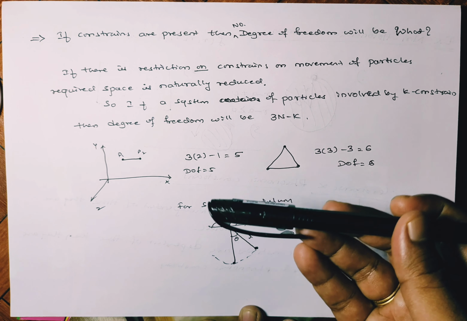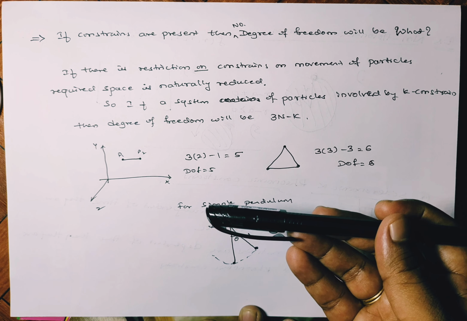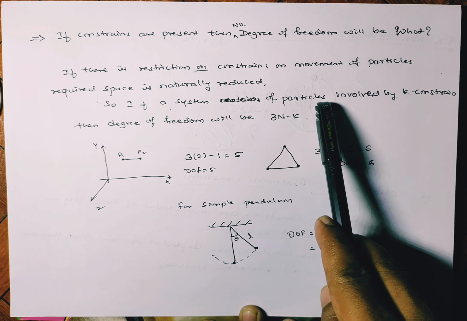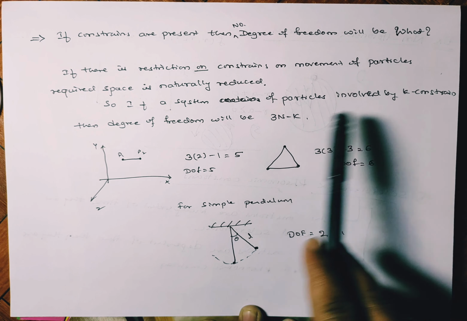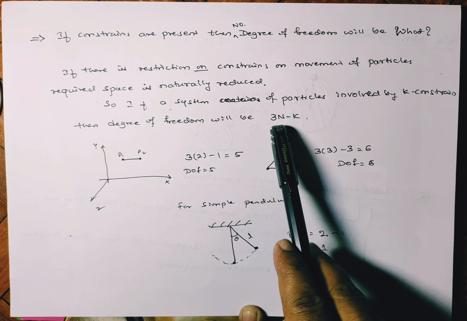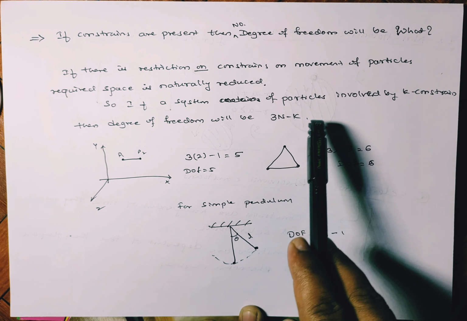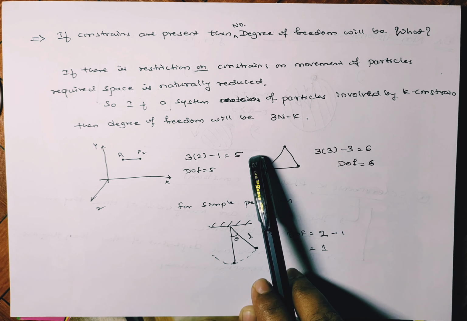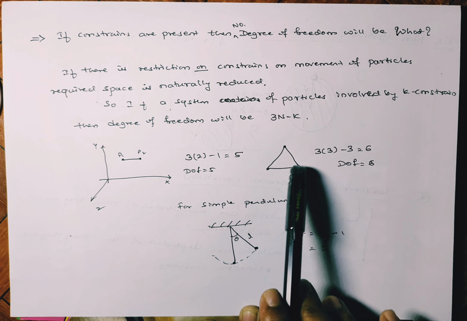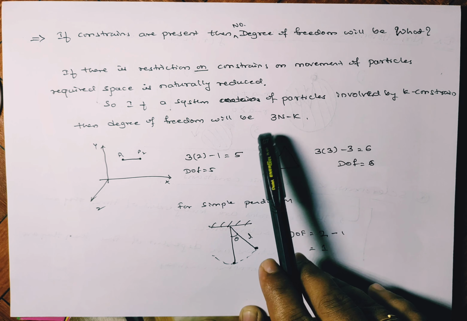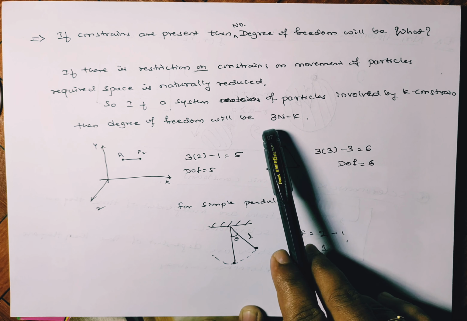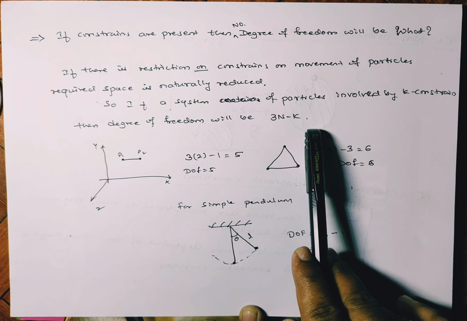Automatically the required space is reduced. So if a system of n particles involves k constraints, then the degrees of freedom will be 3n minus k. Initially I said the degrees of freedom of n particles in free space is 3n. If constraints are present, then 3n minus k.